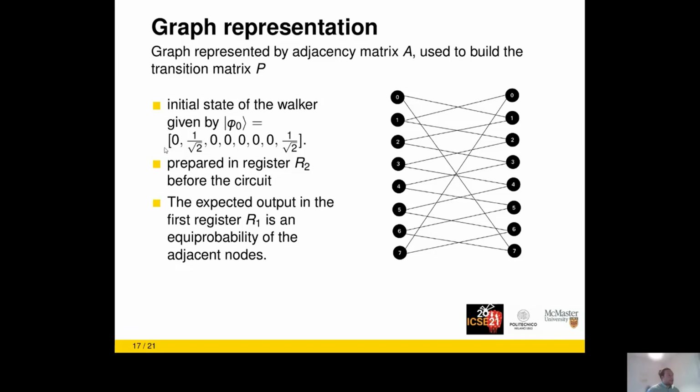This vector represents the position 0. Indeed, we have the same probability to move on node 1 and on node 7. This initial state is prepared in register R2 before the circuit, and the expected output is given in register R1.